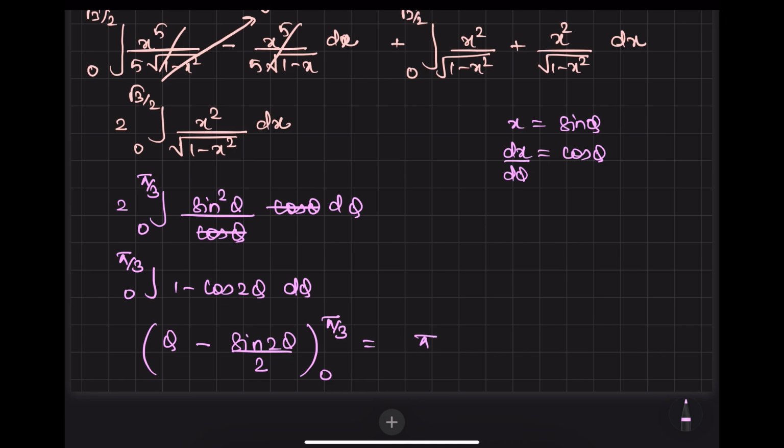We will have pi by 3 minus sine of 120, correct? Sine 120 is root 3 by 2 only. So root 3 by 2 into 2 gives root 3 by 4. Then the lower limit gives 0. So we got this as the final result.